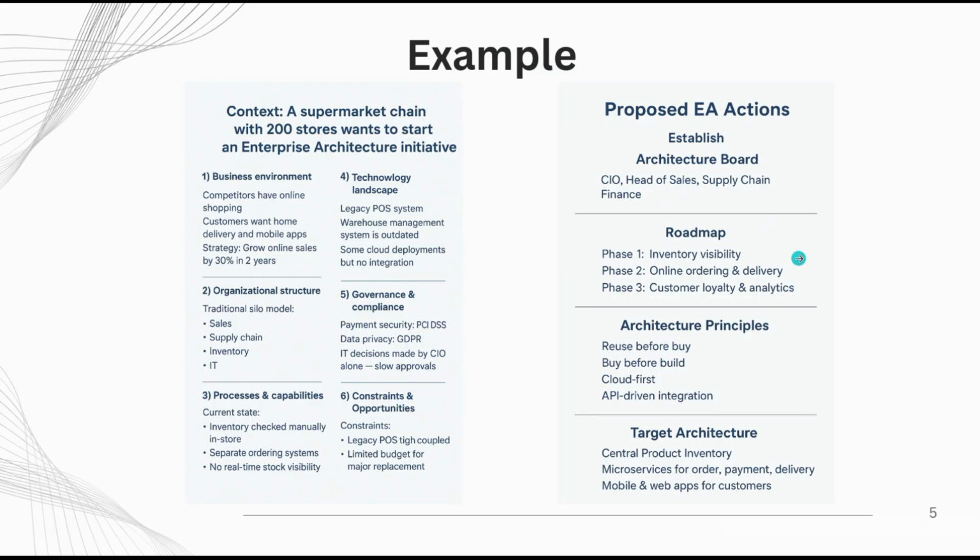And then we'll create a roadmap covering inventory visibility, because we have no visibility on real-time stock, and then online ordering and delivery. We are going to establish online ordering and delivery right now, and customer loyalty and analytics. If we frame these KPIs, then we will better understand how to improve the sales, and then we can achieve our 30% in the coming 2 years.